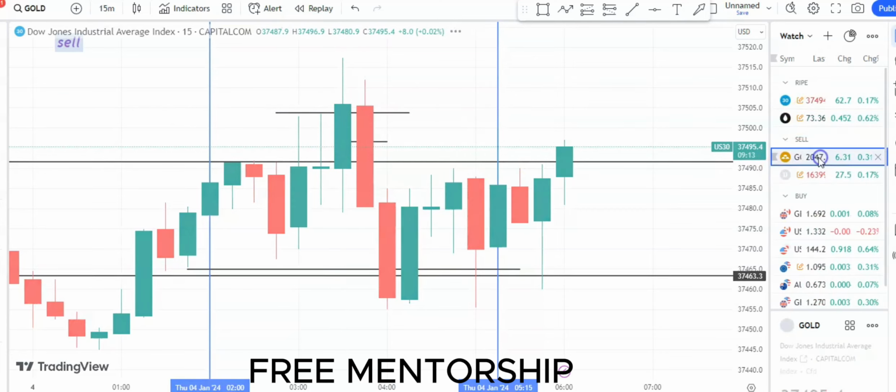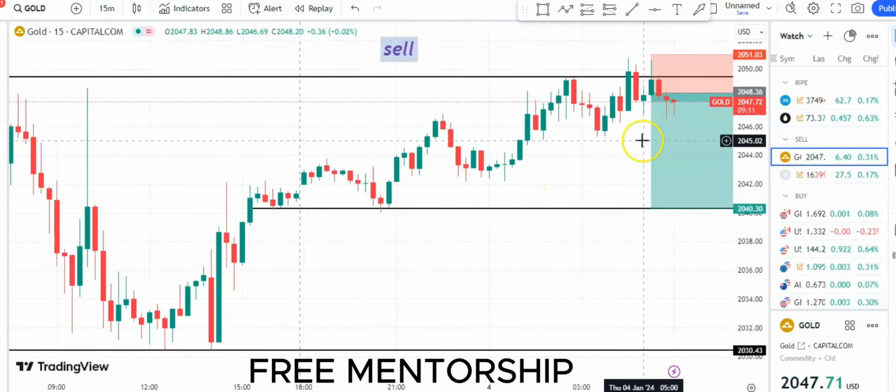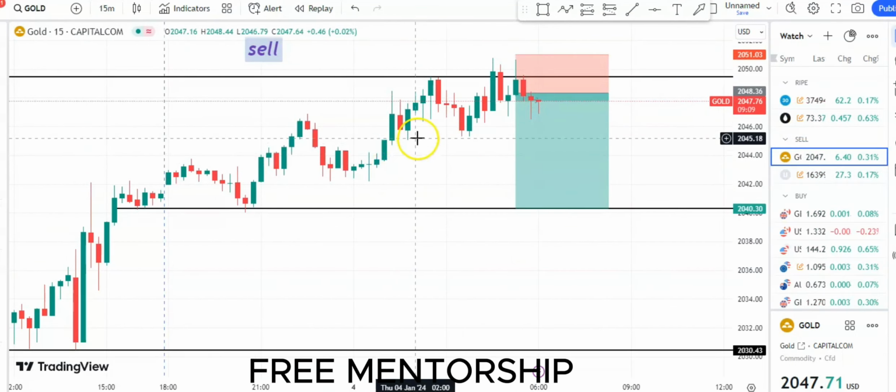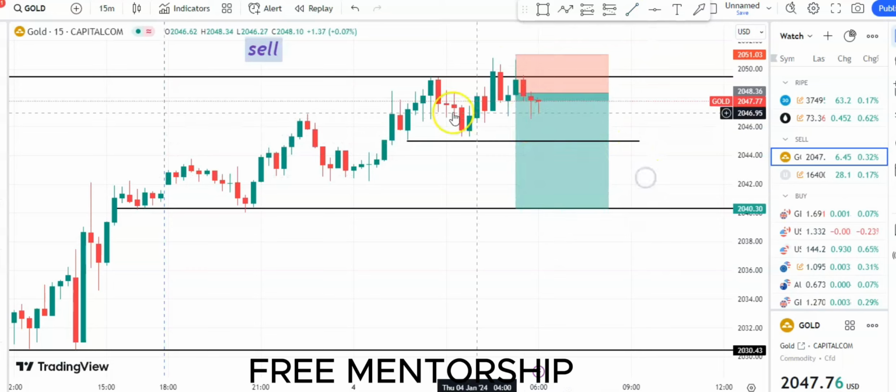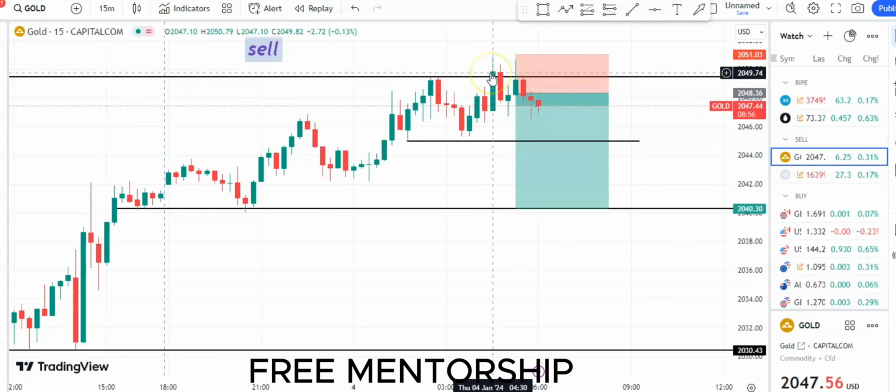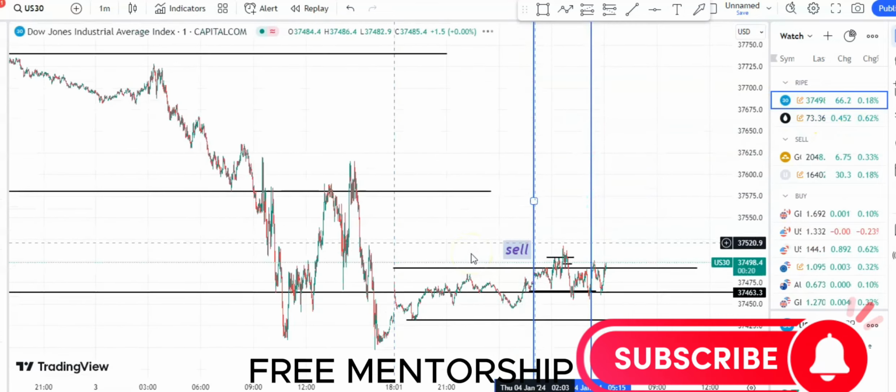We can look at gold, and I'll show you an example also. So we have the pump. We have this pump, and then we have this pause, and then we have explosive move 1, 2, 3, closes outside of the range. We come to US 30.